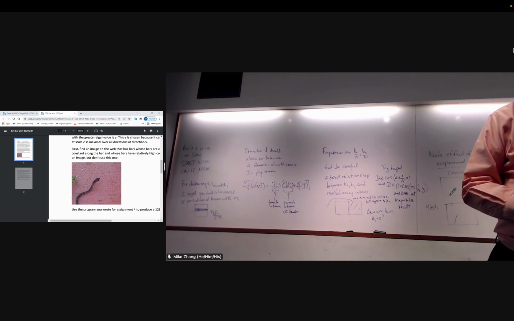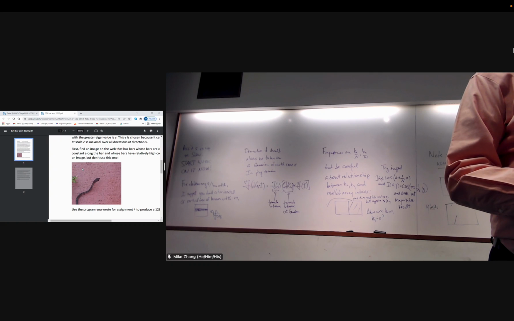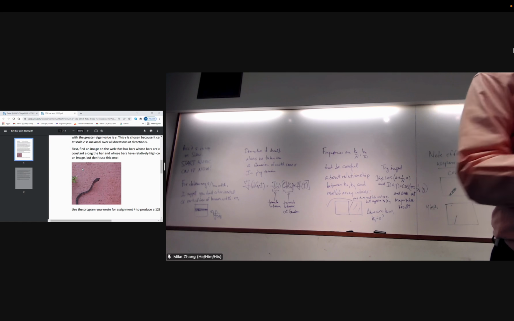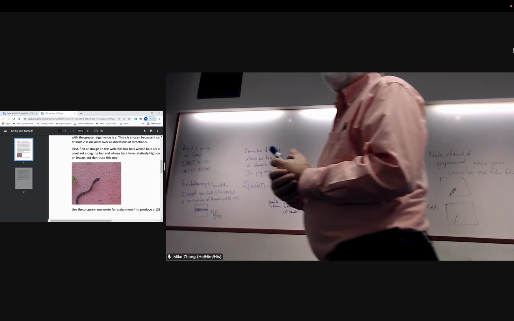So will sigma be the same regardless of the image we're using? Sigma will be the same ratio to the width of the bar. Okay. So if the bar is twice as wide, the sigma will need to be twice as big. Gotcha. And that ratio is what you'll need.